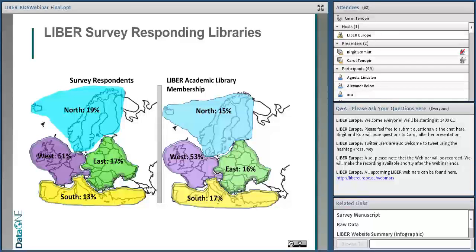We got 119 responding libraries, and they were a pretty good match for the geographic distribution. We had slightly smaller representation in the south and slightly larger representation in the north, but overall we had pretty good representation.